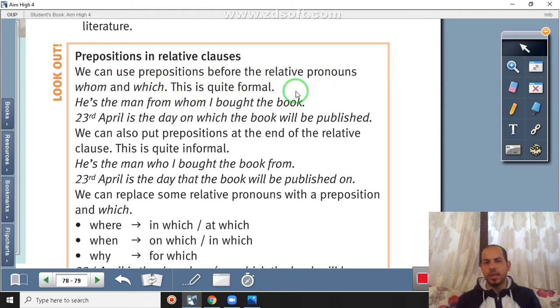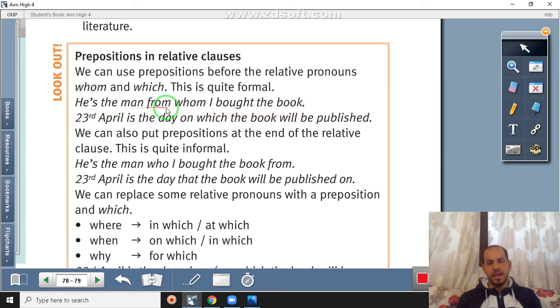Which relative pronouns? Before whom and which. And this is quite formal. This question might come up to your mind: why do I use the relative pronoun with a preposition? Just to make your speech more formal. He is the man from whom I bought the book.